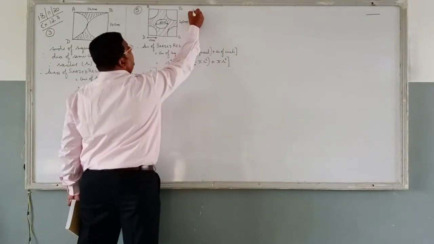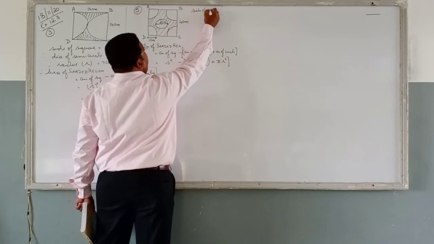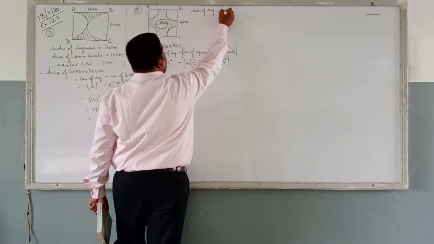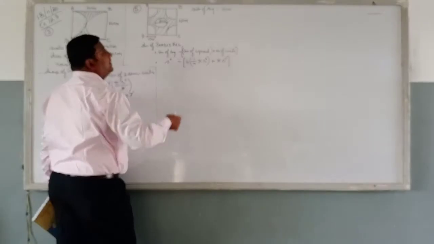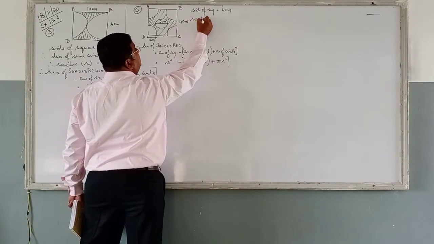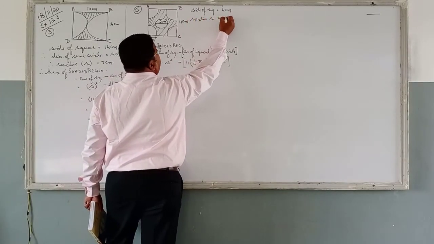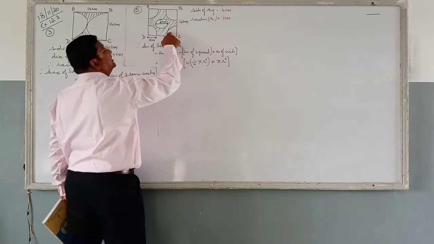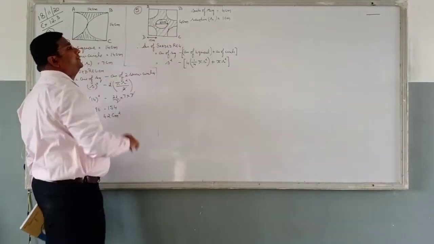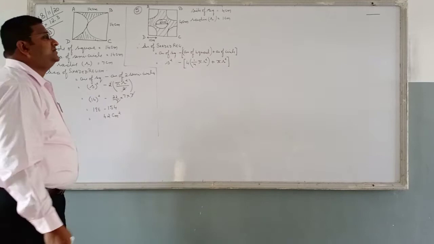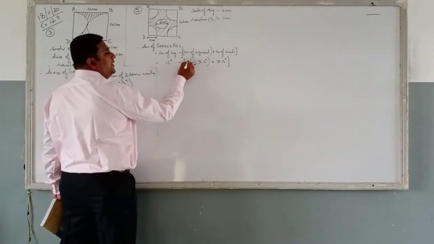What is given to us? We are given the side of a square, 4 centimeter, and the radius of the quadrant and circles. Radius r is equal to 1 centimeter for the circle as well as the quadrant. Can you see that? Just substitute the values, 4 and 4 cancel over here.